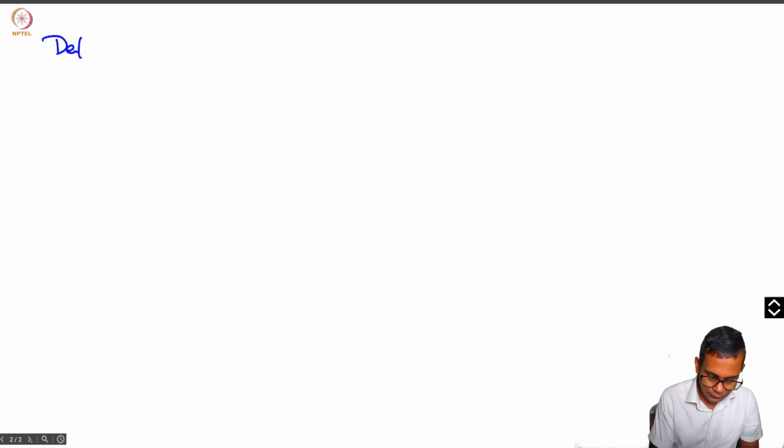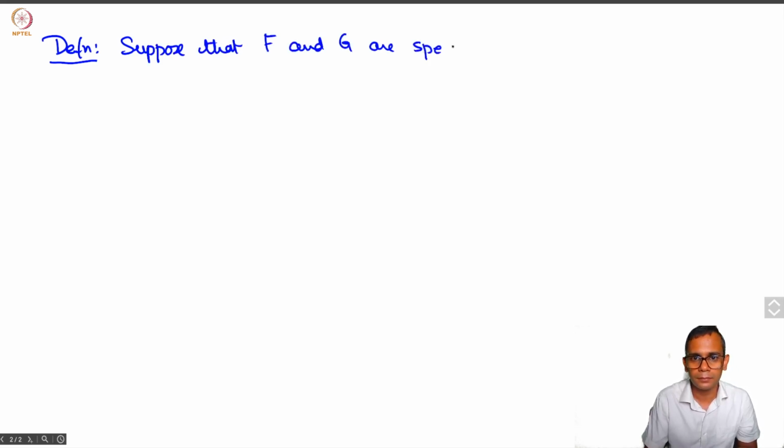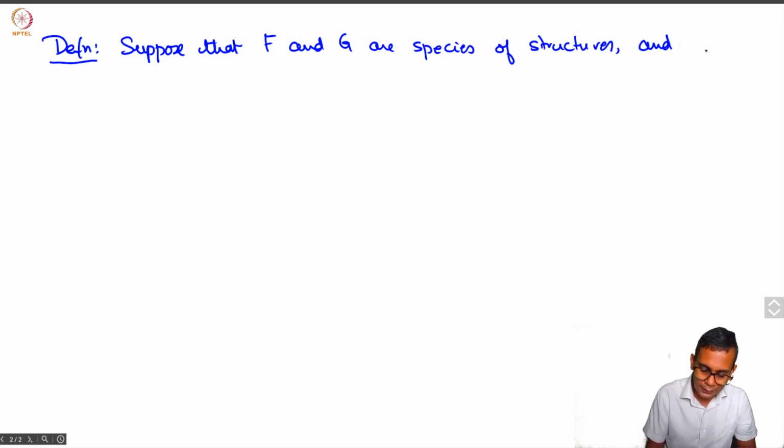So here's the definition. Suppose F and G are species of structures, and you need to make one assumption, that G of the empty set is empty.